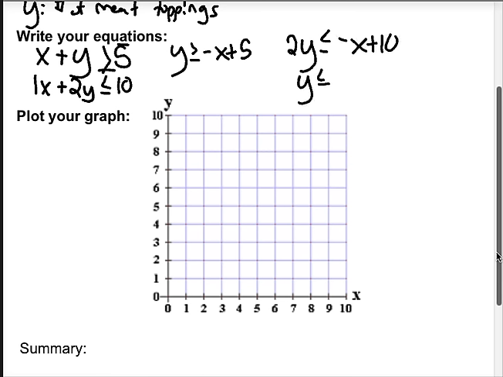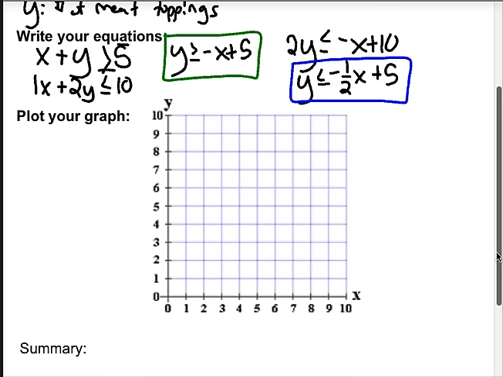So I get y is less than or equal to negative 1/2 x plus 5. So these are the 2 equations that I need to now graph.